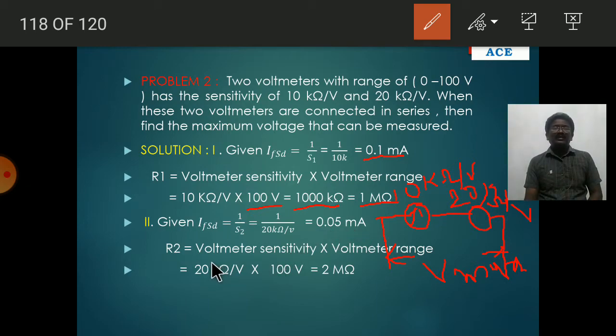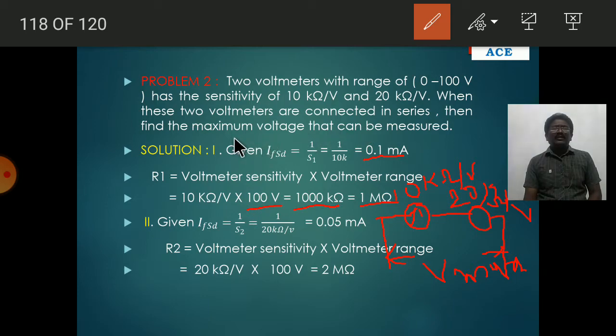Now calculate the value of R2. Here R2 equals voltmeter sensitivity times voltmeter range, 20 kilo ohm per volt and 100 volts. Simplify them, then you will get 2 mega ohms. This is the resistance of the second meter. First one has resistance R1 and second one R2 according to our problem.